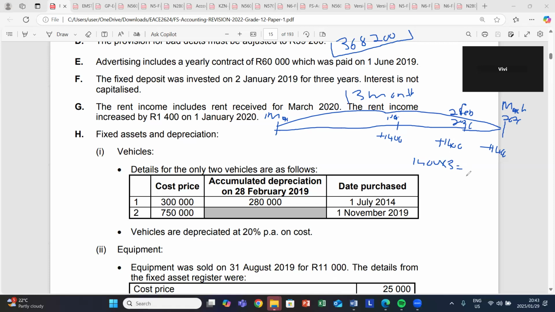How much do we get when you say 1,400 multiplied by 3? 4,200. So those 3 1,400s add up to 4,200.